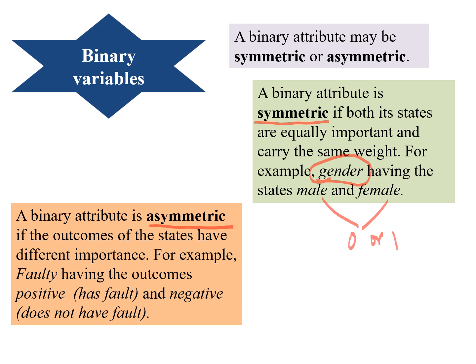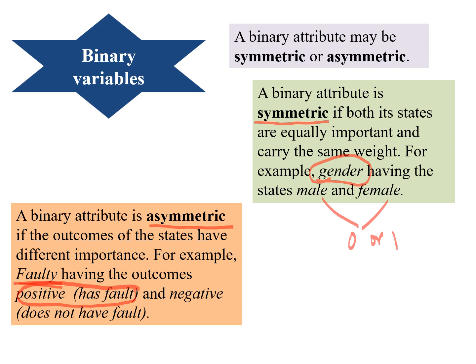However, in some cases, outcomes of the states are of different importance. For example, if you are trying to find whether a software is faulty or not, then you are assigning importance to the state where it has a fault, the positive state. And the negative state is one which holds lesser importance in your study.